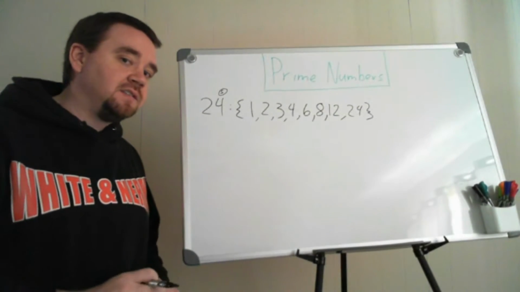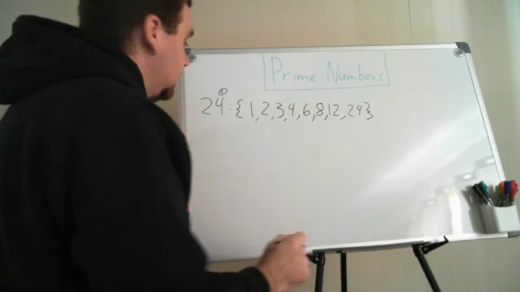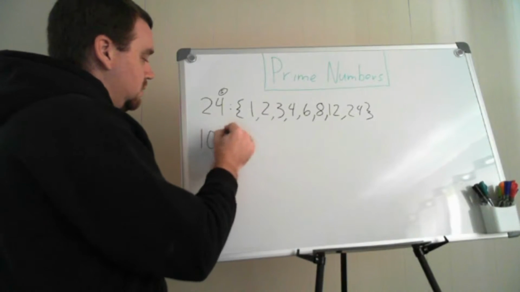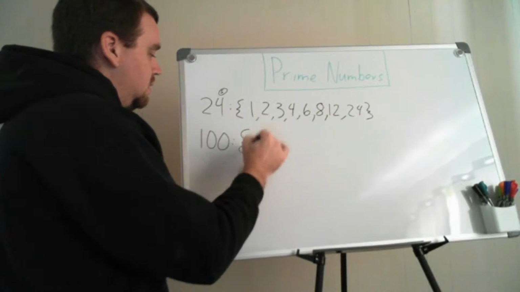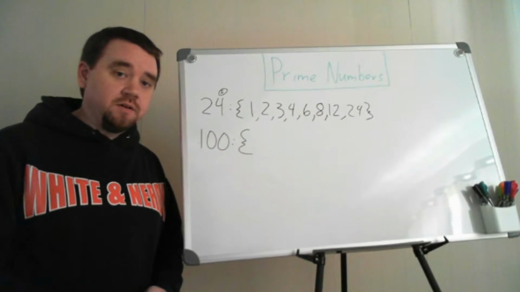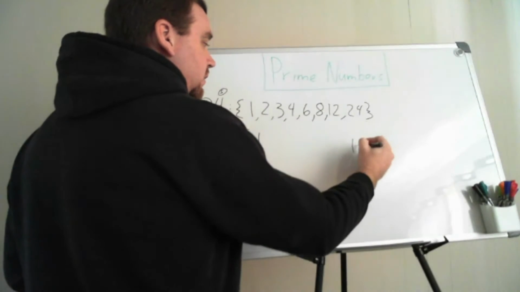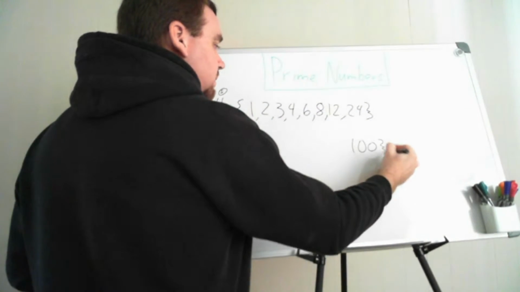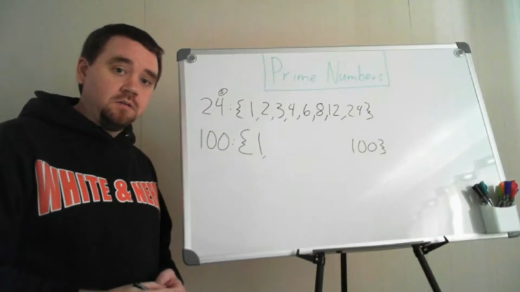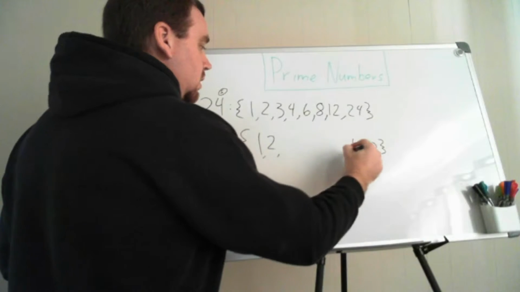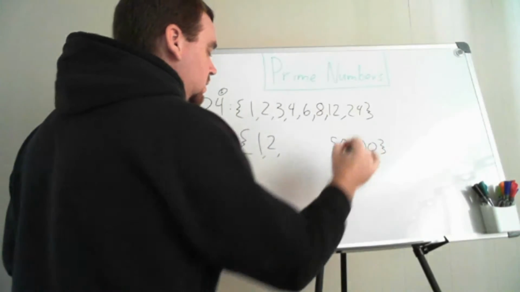Let's look at another number then. Let's look at a big number, like 100. What are the factors of 100? Again, I know 1 is, and I know 100 is. Is 2 a factor? Sure, 2 times 50.